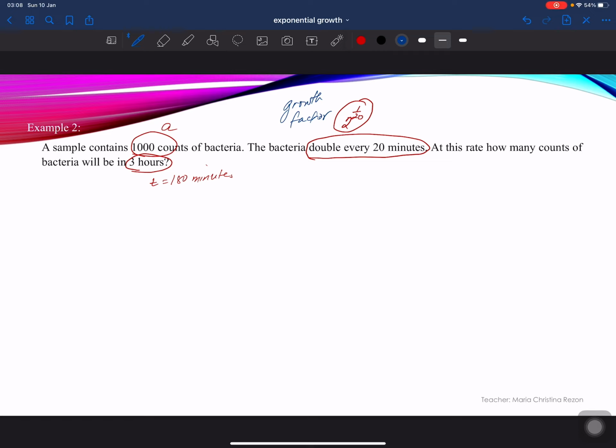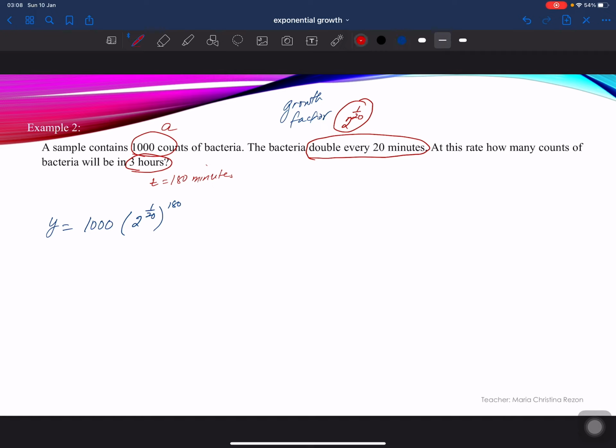And we use 180 minutes, that is equivalent to 3 hours. So you have y is equal to 1,000 times 2 to the 1 over 20 to 180 minutes.